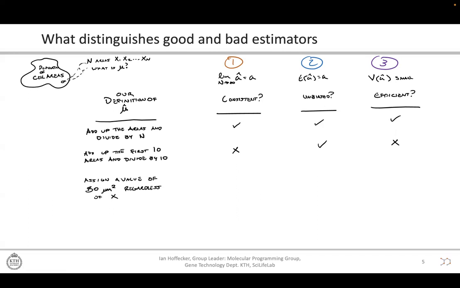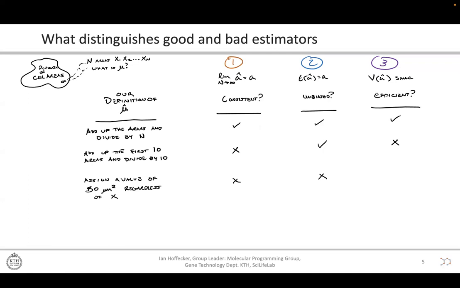How about another definition? So we could assign a value of 80 micrometer square regardless of x. This is kind of a joke, I guess, but basically anything can be an estimator. And the question is, how good is it or how bad is it? In this case, of course, increasing n is going to have no effect on the value we get.